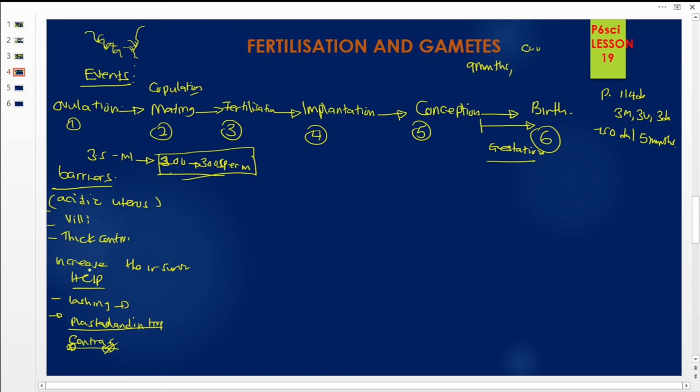After that, we are going to look at the process of fertilization. So these are the challenges that these sperms meet, and also how they overcome them. Now, before leaving the gametes, let us look at the types of sperms.